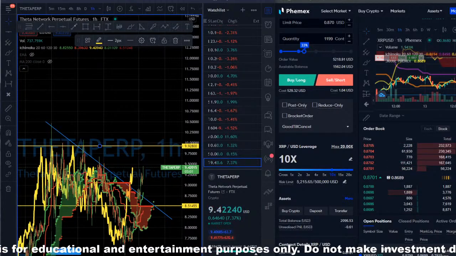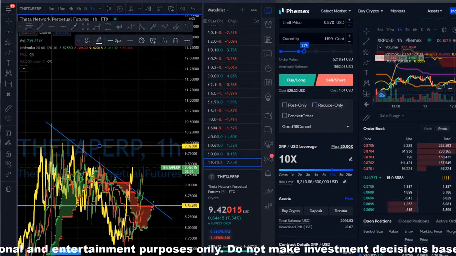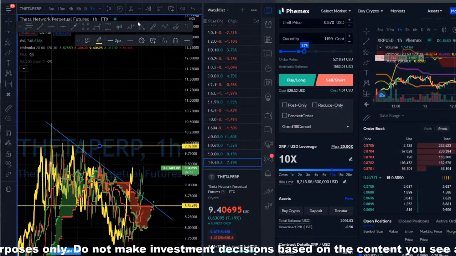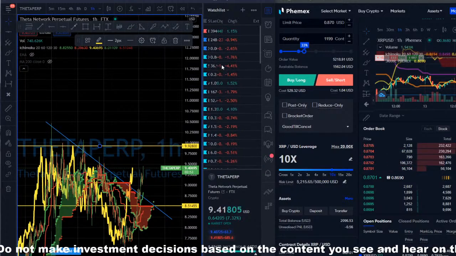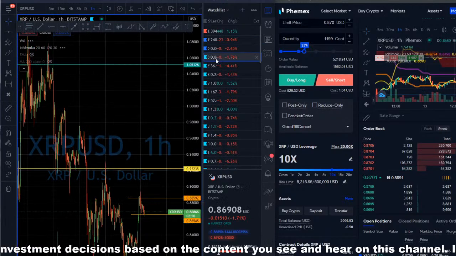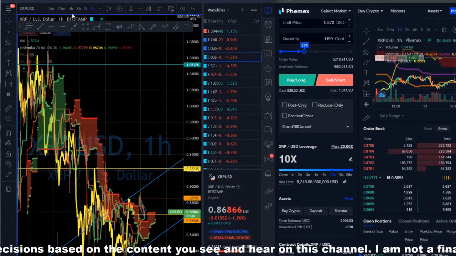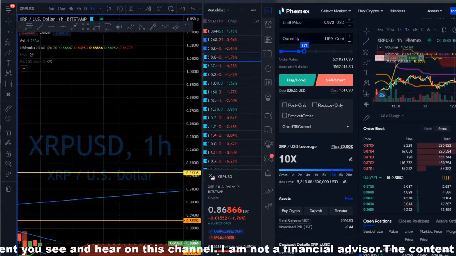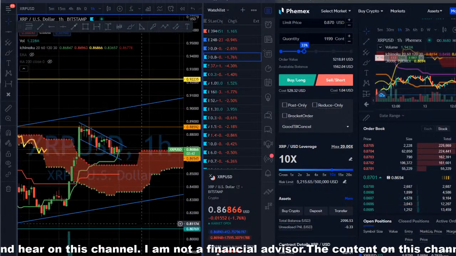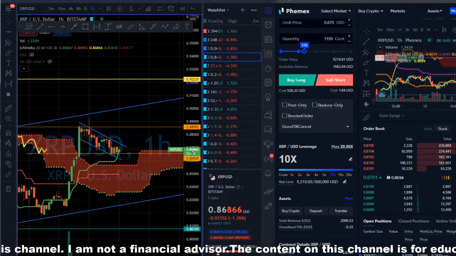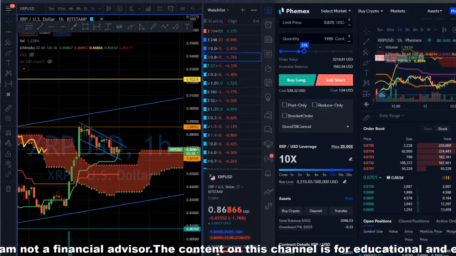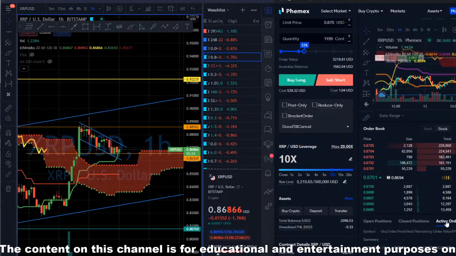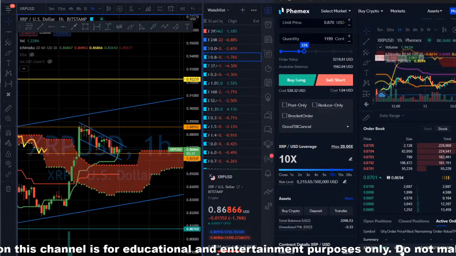I didn't get filled. Oh my god, no. Where is it at? XRP on the hourly. Okay, it's below 86, 86. No, it's still above. What was my 8,700?